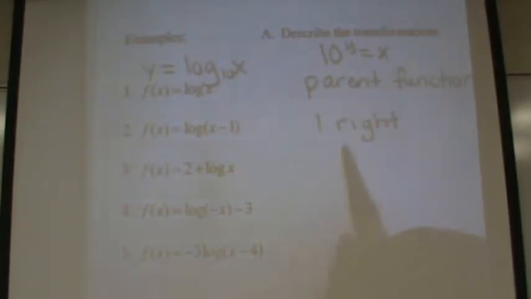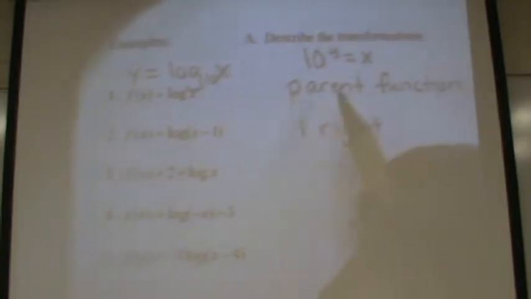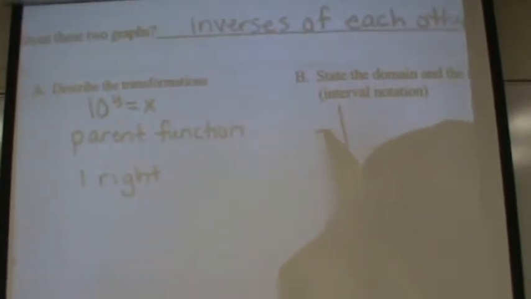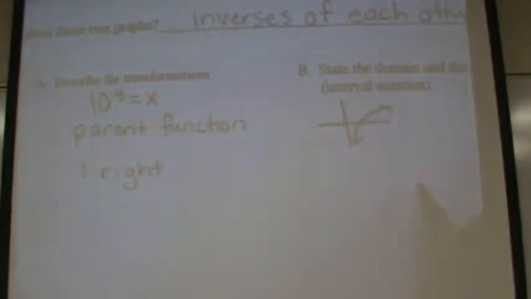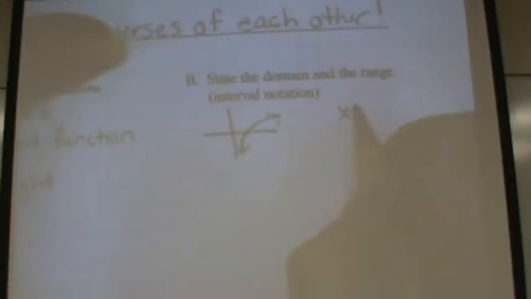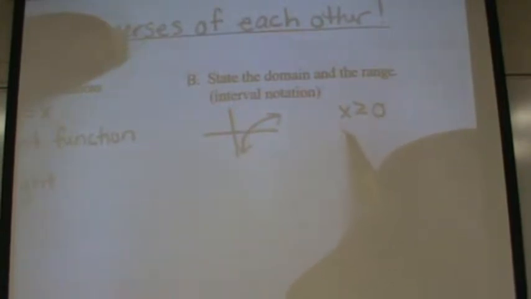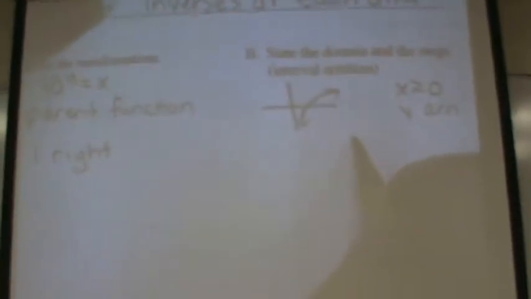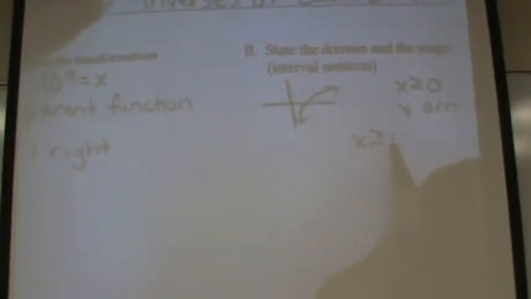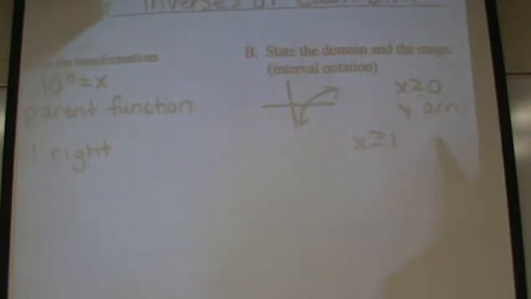So, in other words, the parent function looks like this. The domain for the parent function is x greater than or equal to 0, and y is all real numbers. But if you shift it 1 unit right, your domain is going to be greater than or equal to 1, and your range is still y is all real numbers.